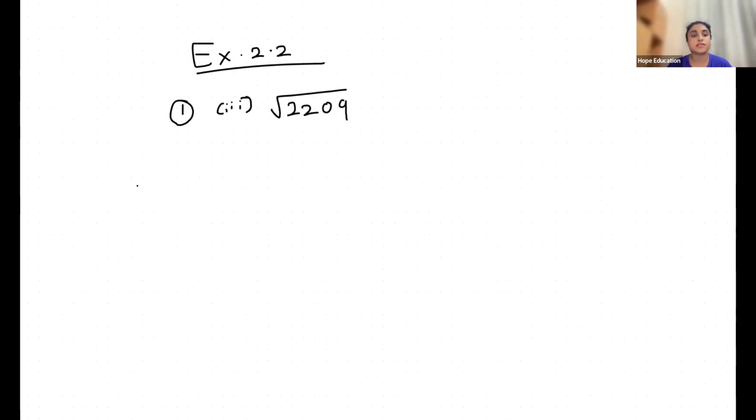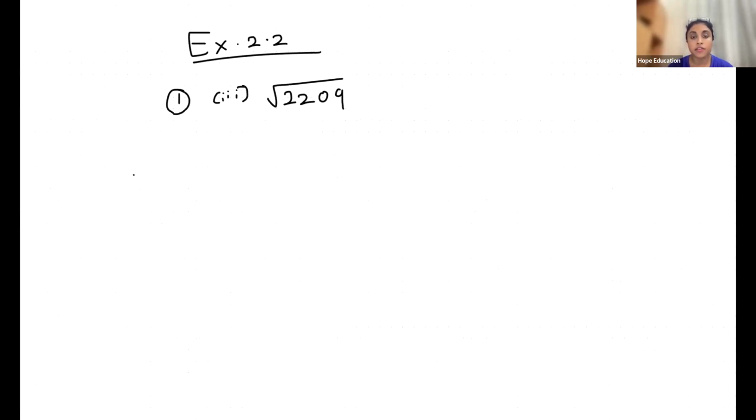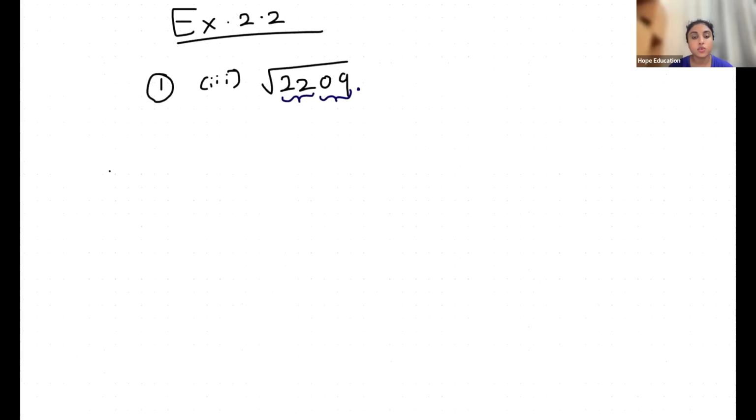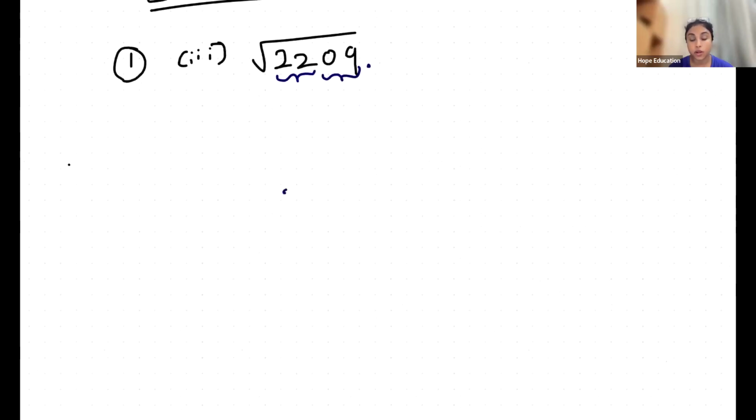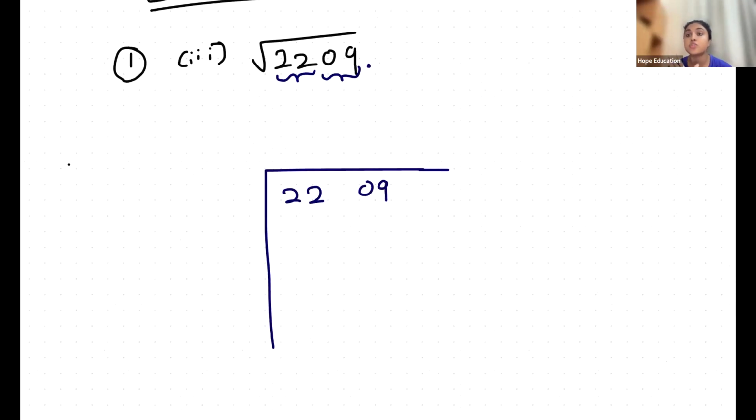Okay, we'll discuss. 2,209, right? First of all, we have to break it into two-digit pairs. So from where the decimal point is, 09 is one pair, 22 is another pair, right? So we know that 22 is not a perfect square.